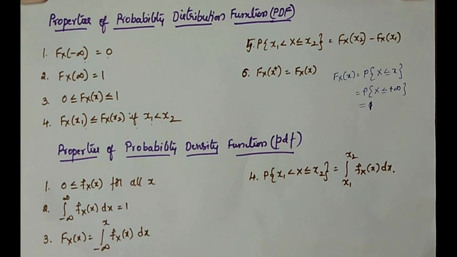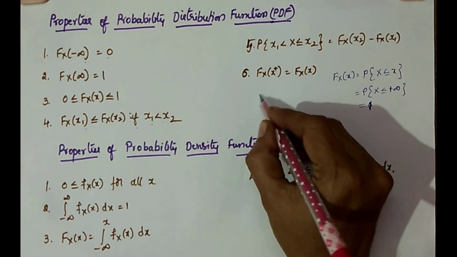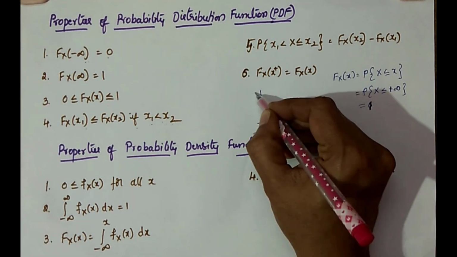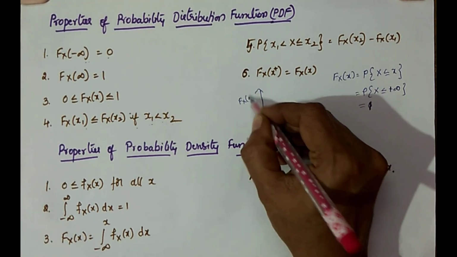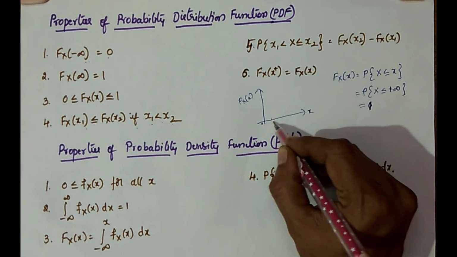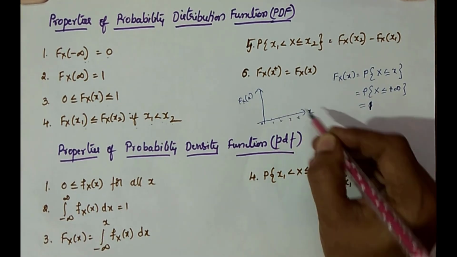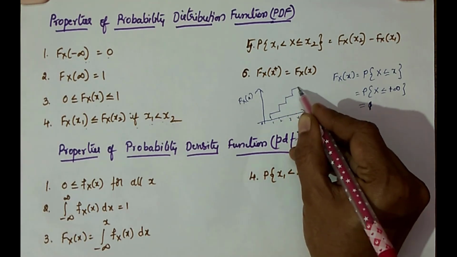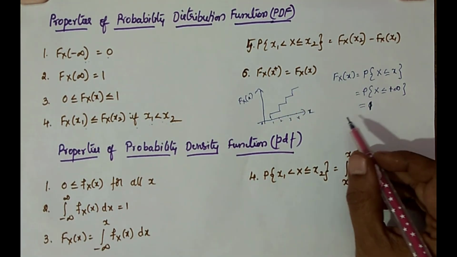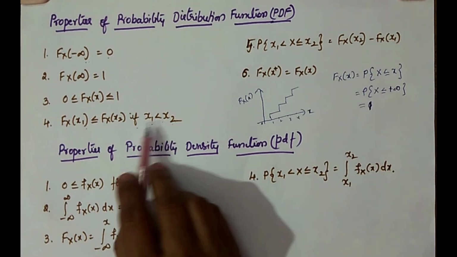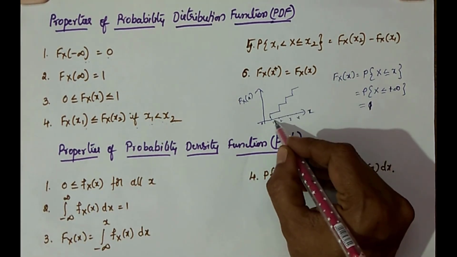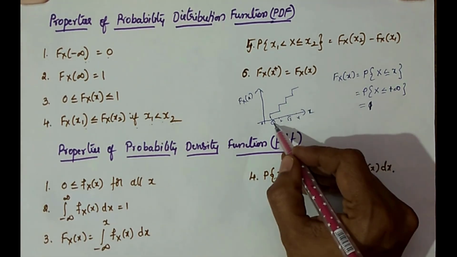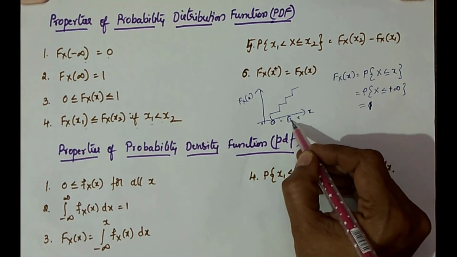I'll draw one probability distribution function. Suppose you take this as the distribution function, with points 0, 1, 2, 3, 4 like this. Take this 1 as x1 and this 3 as x2.